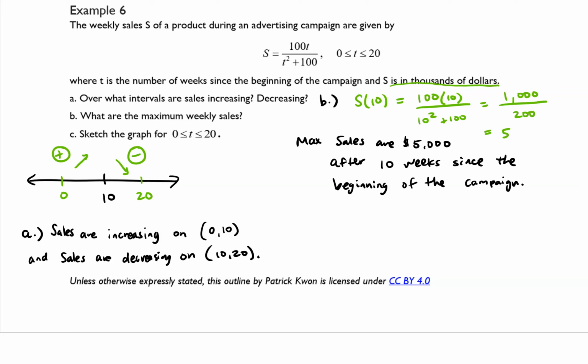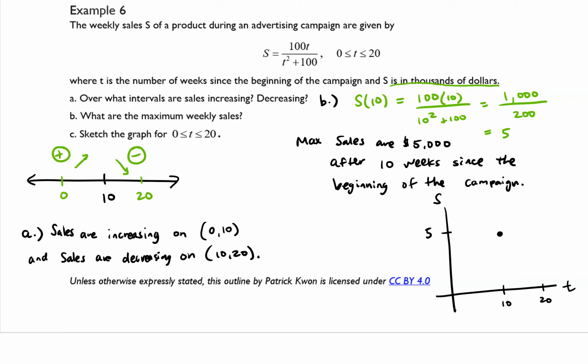Okay, and then part C says sketch the graph for 0 to 20. So this is going to be a really rough sketch. We know here at 10, the output is $5,000. So this is our S-axis and this is our T-axis, and it only happens between 0 and 20. And we know that this is a relative maximum here.